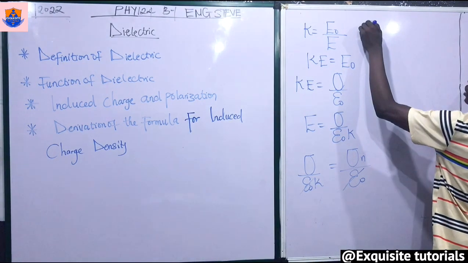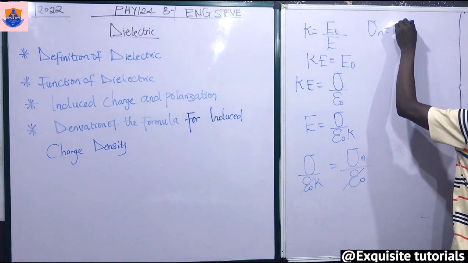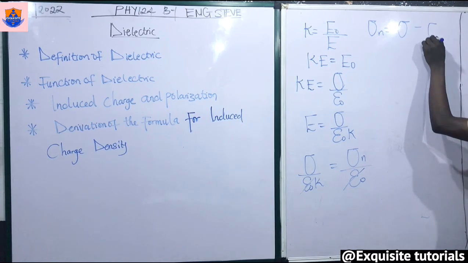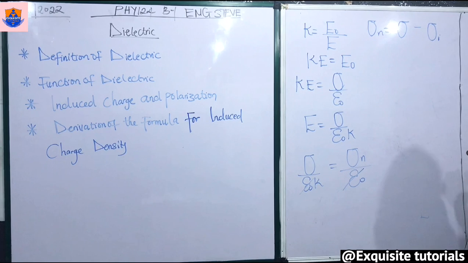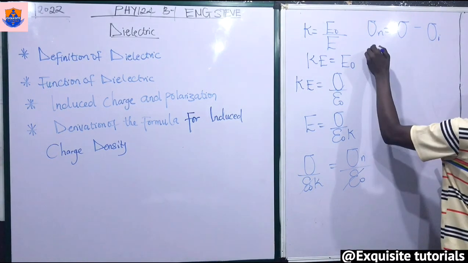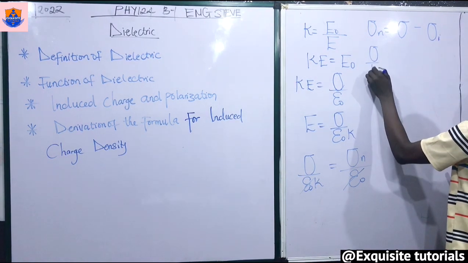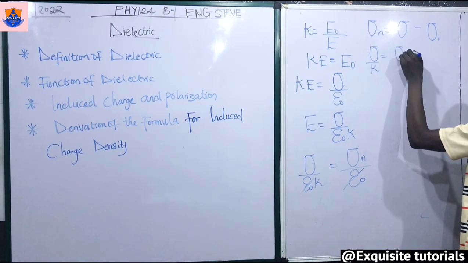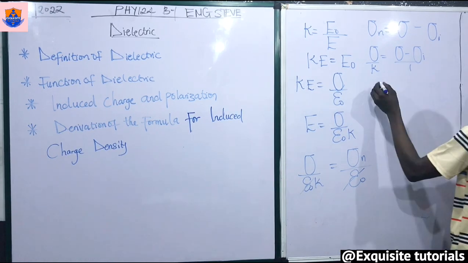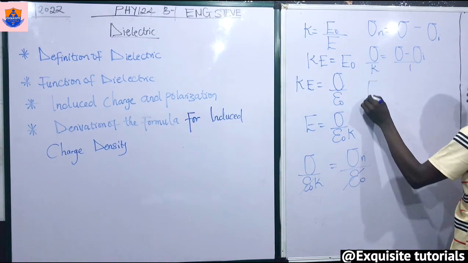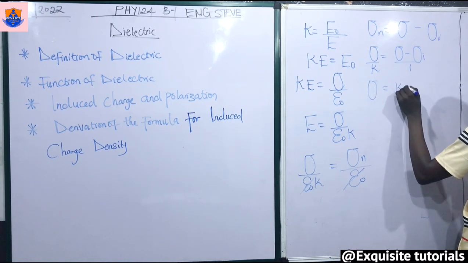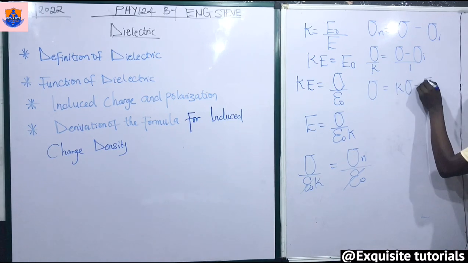Bear in mind that our sigma net is equal to our normal sigma, the surface charge density, minus the induced surface charge density, that is sigma I. So if I place that into this equation, we'll be having sigma all over K is equal to sigma minus sigma I all over 1.